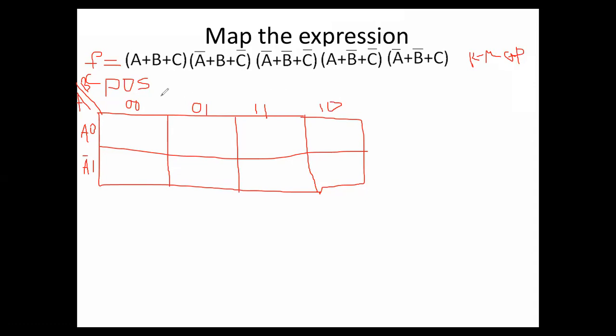If 0 is there, then that will be represented in uncomplemented form. If 1 is there, then that will be in complemented form in POS terms. So what is this combination here?